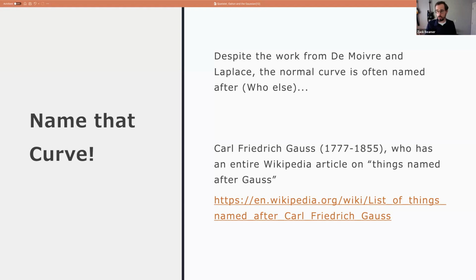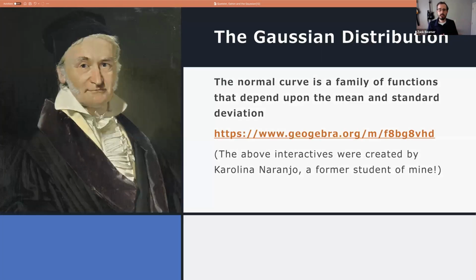And his work was also getting to that normal curve as well. But his development of the normal curve was actually, he was interested in, of all things, least squares. So I won't talk too much about that one to get too into the weeds, but the big idea that we can come back to is that the normal curve is a family of functions, right?